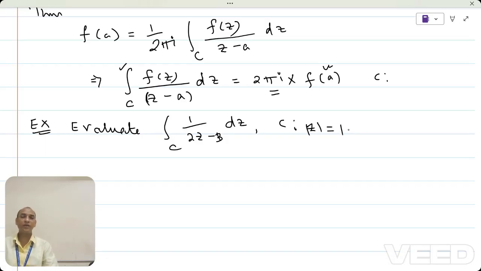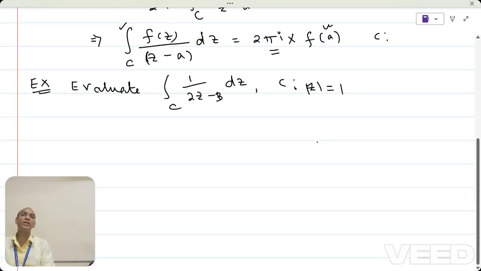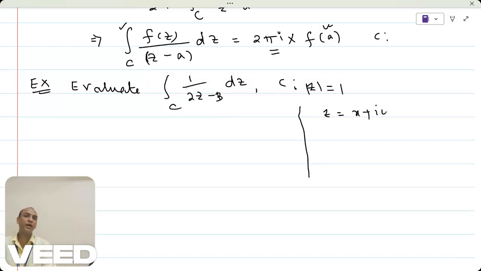Here you see what is the meaning of mod z equal to 1. First I will give you the explanation of what mod z equal to 1 is, then I will go to the problem. We are always considering z equal to x plus iy. So mod z will be nothing but root over of x square plus y square. In our present problem, mod z is equal to 1.